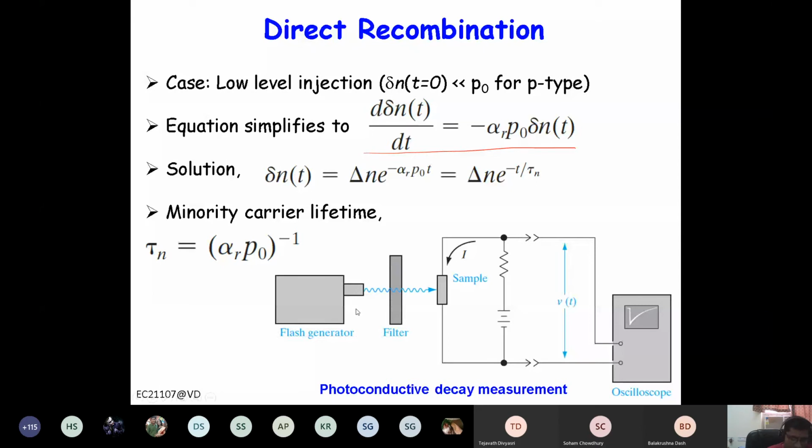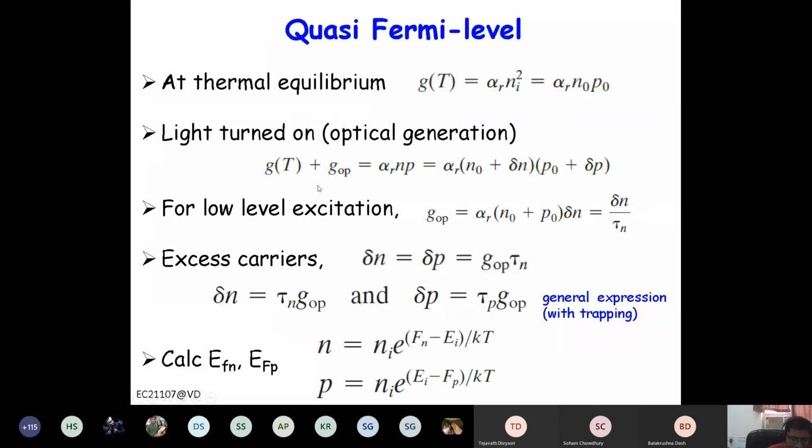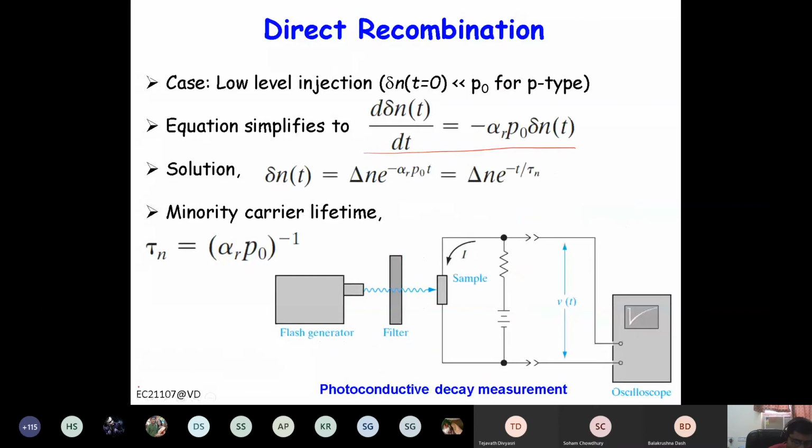When we solve this equation, we will get delta n of t as delta n at t equal to 0 times e to the power minus alpha r times p naught times t.